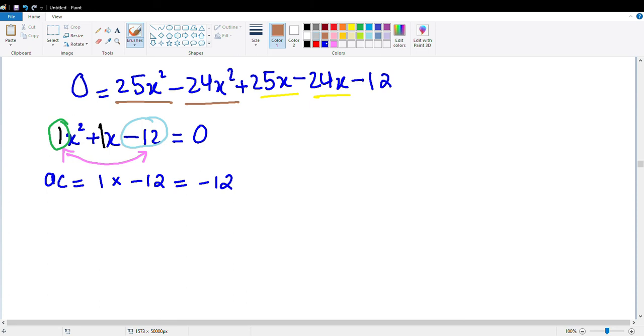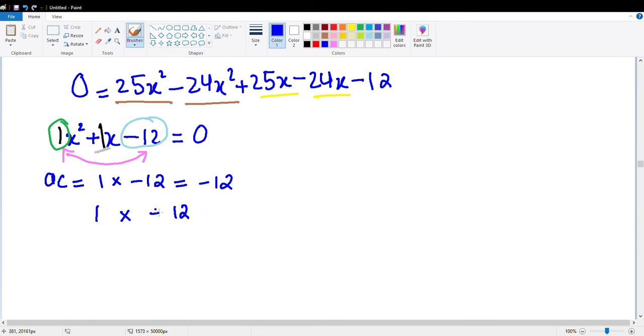So when there is a positive one, that means that one of the factors has to have a negative sign, but the other one should have a positive sign, and the bigger one should have the positive sign, so that we get a positive result, a positive sign. So we're going to get 1 and minus 12.